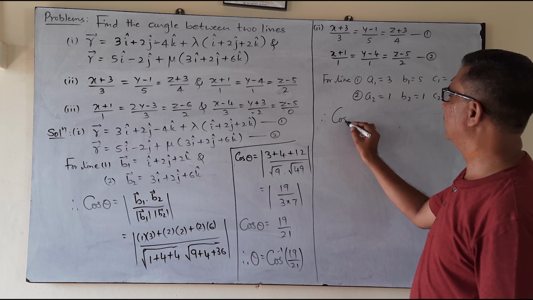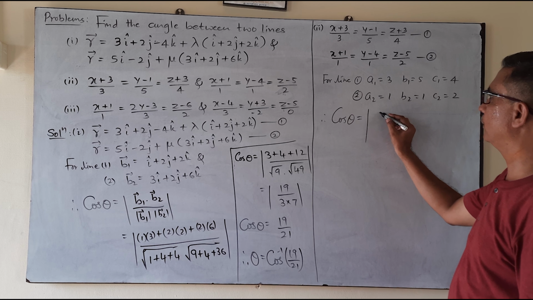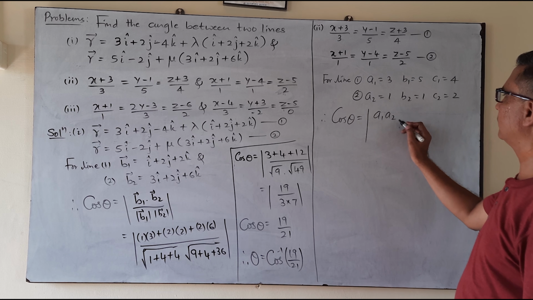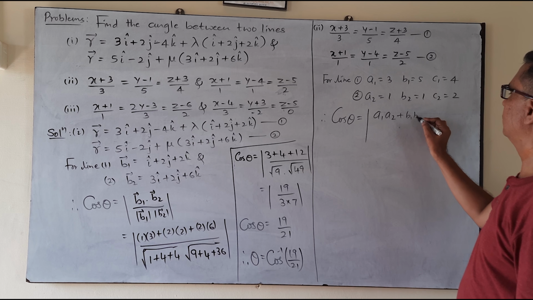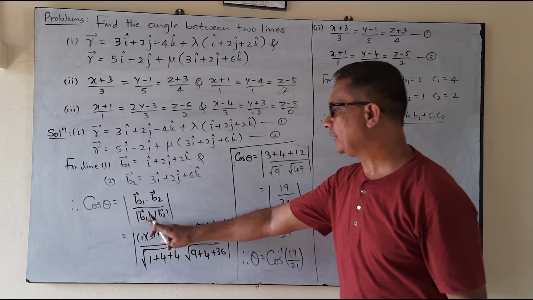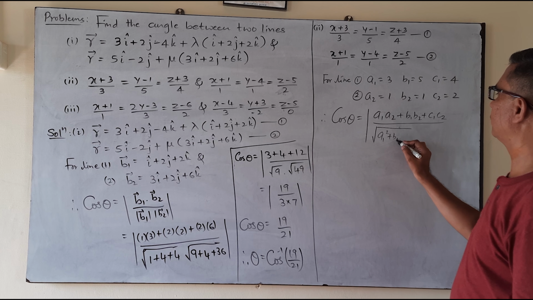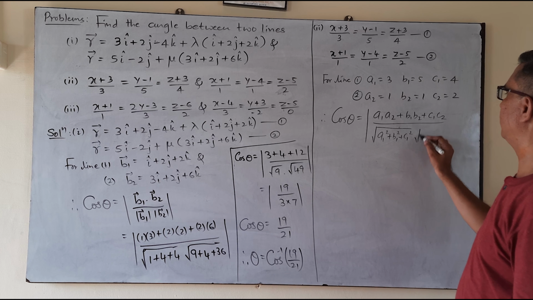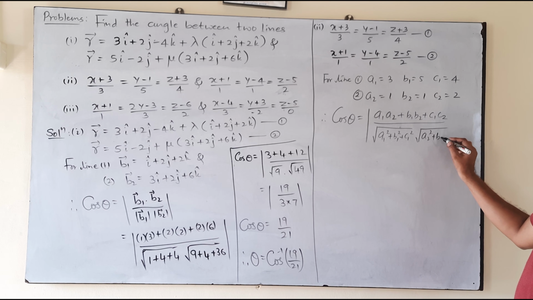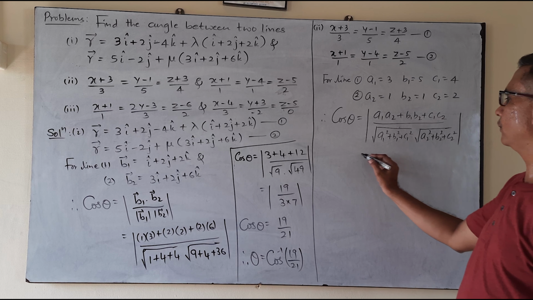Therefore, for the angle between two lines, the Cartesian form formula is cos theta equal to b1 dot b2, whose definition is a1 a2 plus b1 b2 plus c1 c2 divided by magnitude of b1, which is under root of a1 square plus b1 square plus c1 square, into magnitude of b2, under root of a2 square plus b2 square plus c2 square. This is the Cartesian form formula.